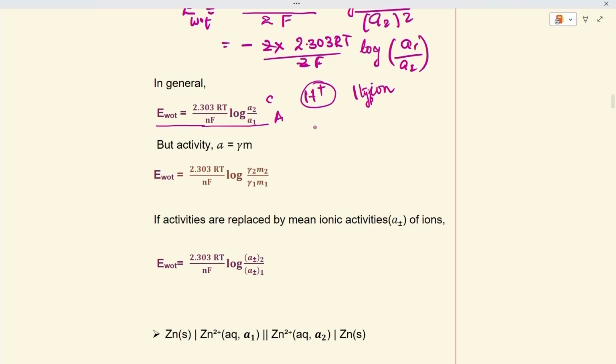Now, as we all know, the activity of any substance is equal to the activity coefficient into molality. Okay. Now, when I substitute the activities in terms of molality, you have the activity coefficients multiplied by molality.